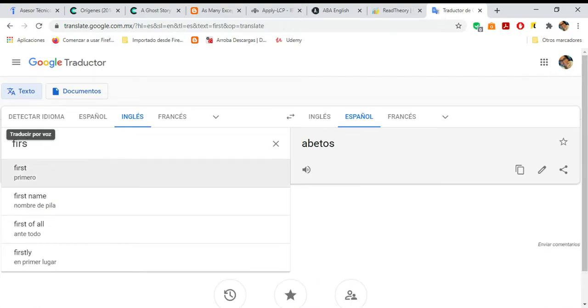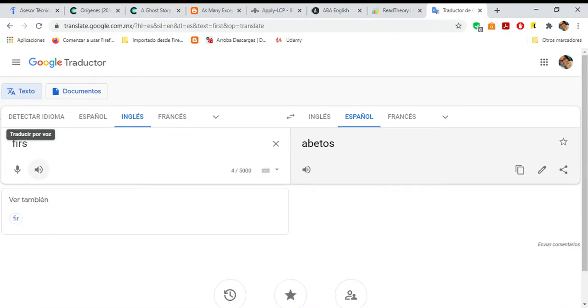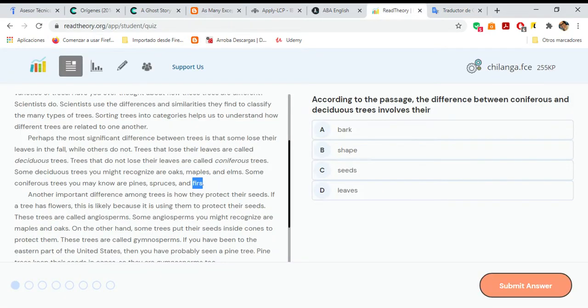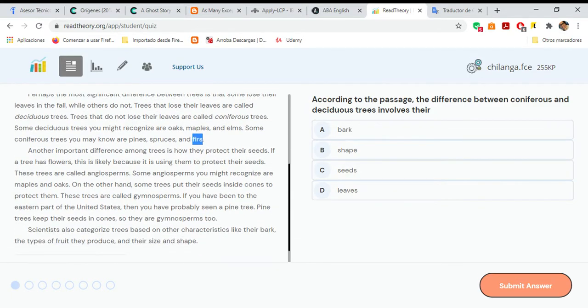Another important difference among trees is how they protect their seeds.